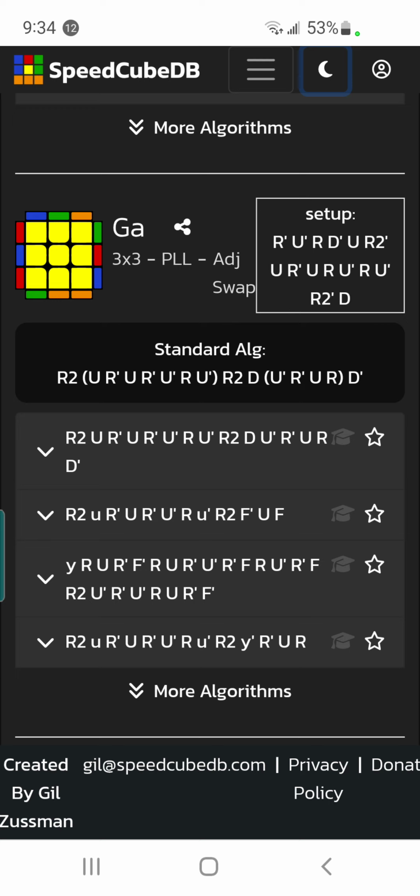So R2, U wide, which is doing 2 layers at the same time with the U move.